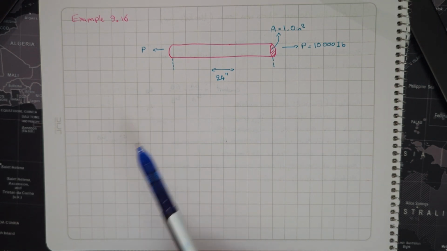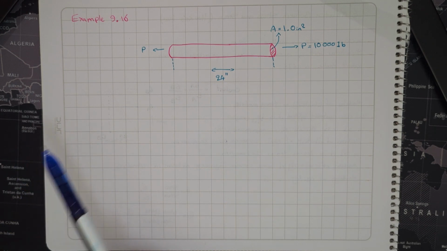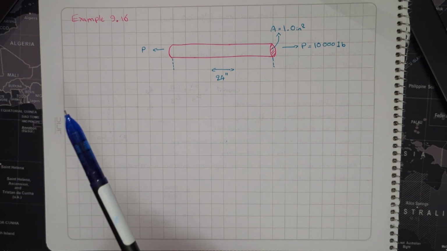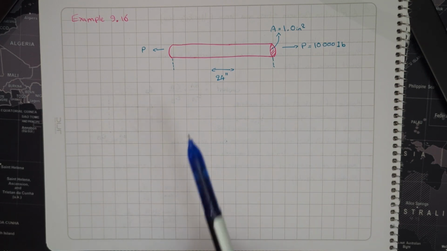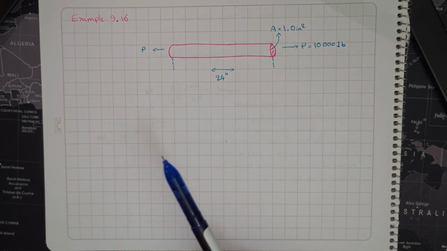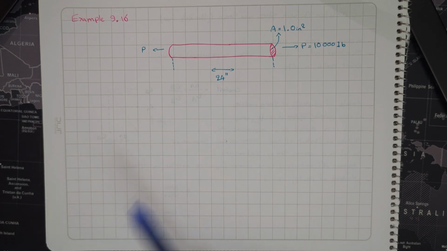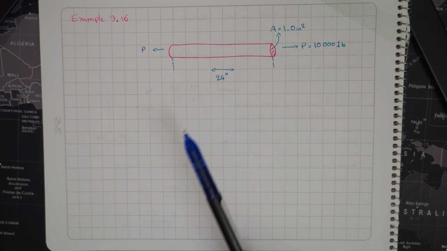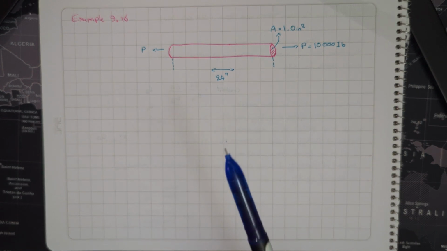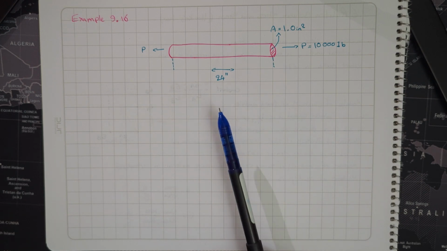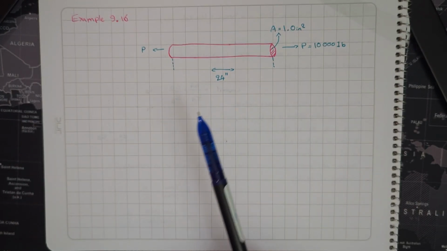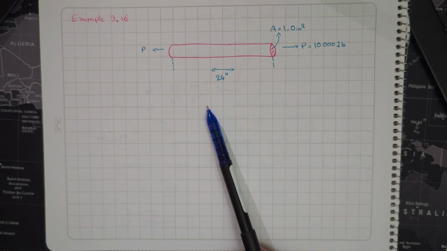Compute the stress, strain, and total elongation of the bar if the material is steel with modulus of elasticity of 29 million psi, aluminum with modulus of elasticity of 10 million psi, and titanium with modulus of elasticity of 16,500,000 psi.